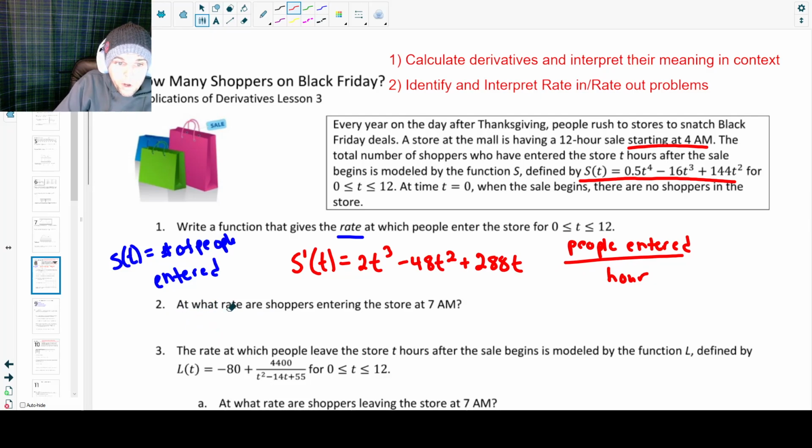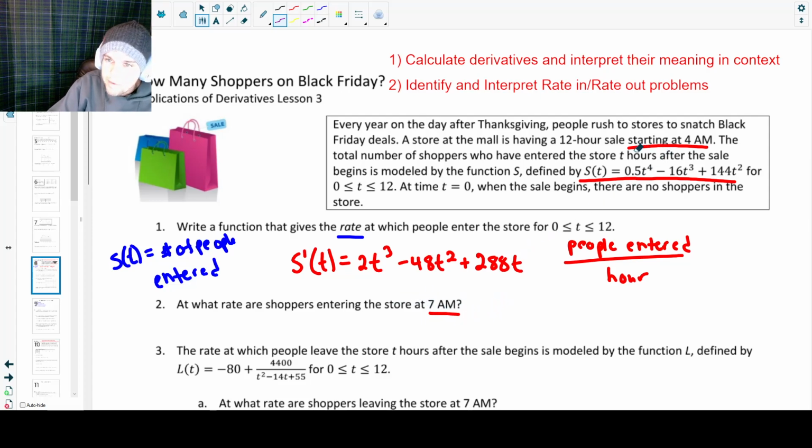Question 2. At what rate are the shoppers entering the store at 7 a.m.? Okay, so in this problem, we want to know a specific rate at 7 a.m. A lot of people would be tempted to go ahead and say that this means t is equal to 7. That would be a relatively common interpretation. You'll often see situations where t equals 0 represents like midnight.